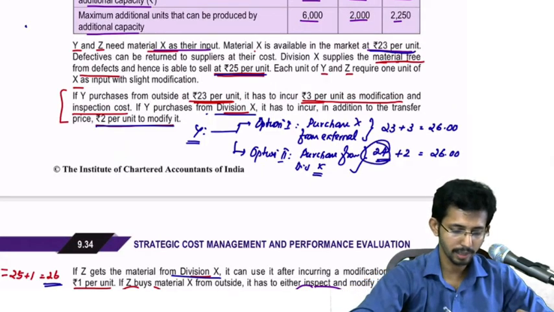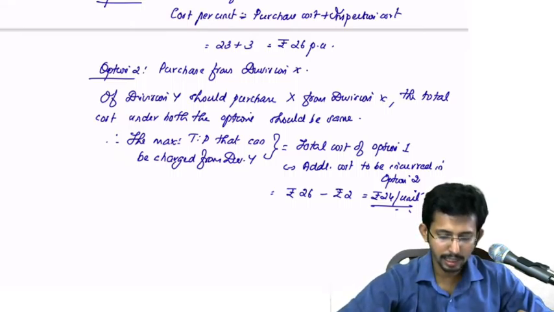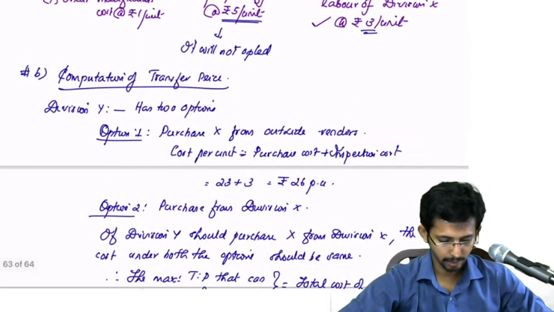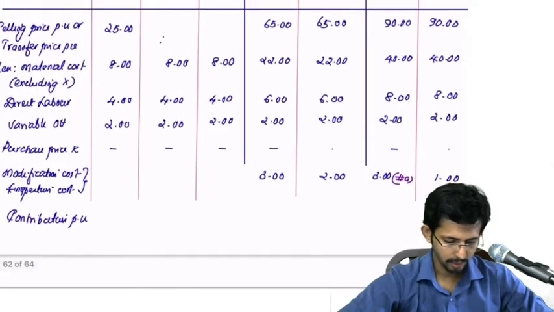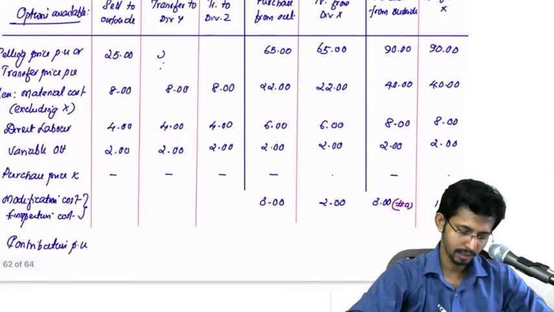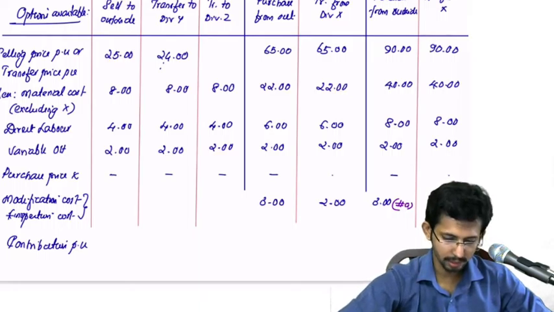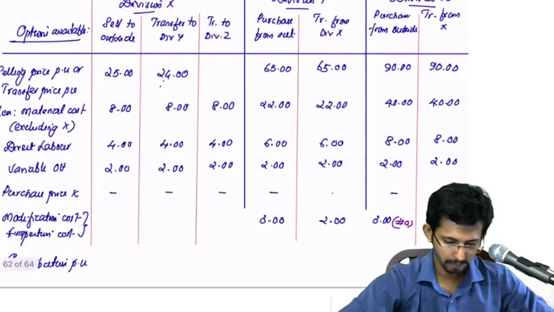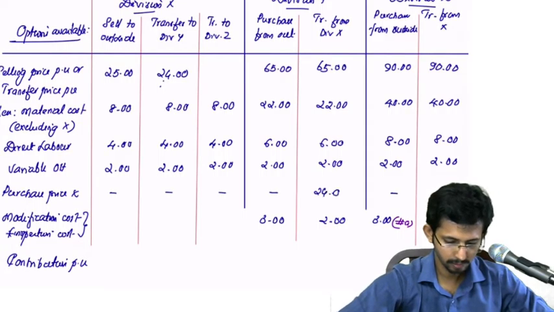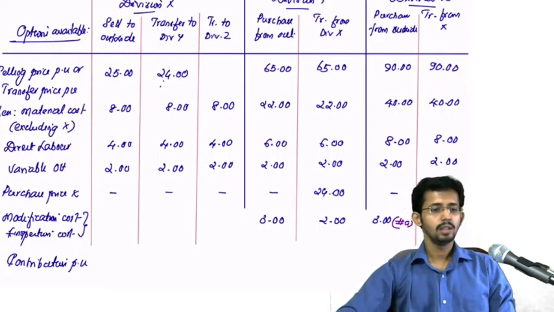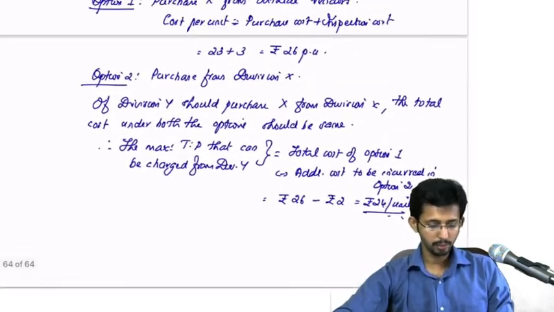Keep that in mind. So the maximum TP will be 24 per unit, and that is what you have to write here. Also, the purchase price here will be 24.